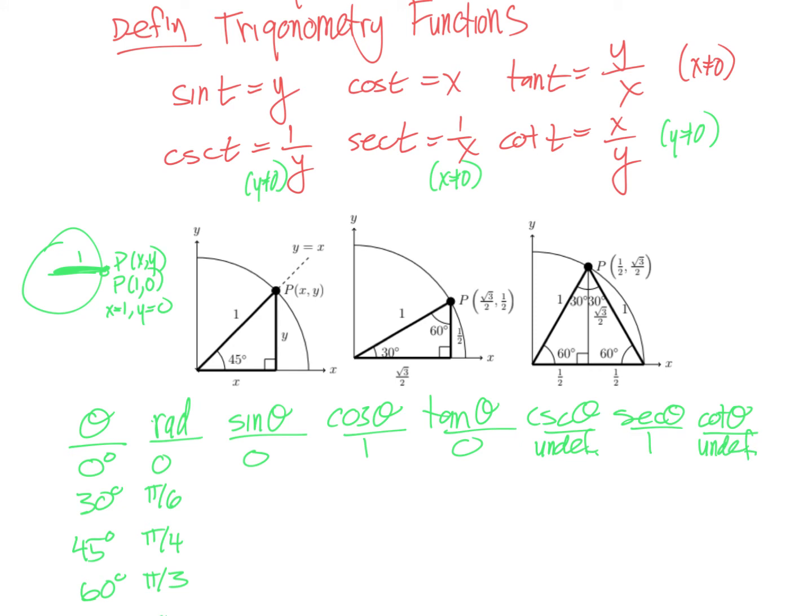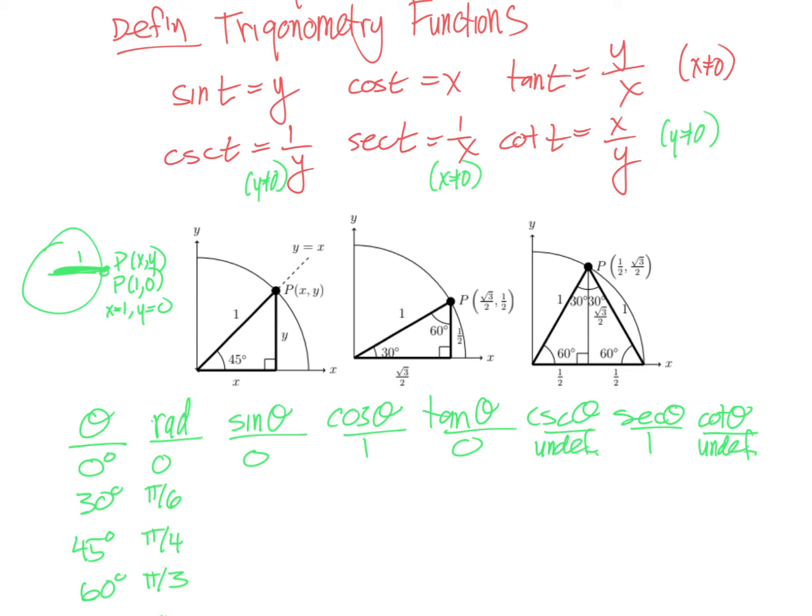At 30 degrees, when we have that, we can refer to this right here. So we're going to have a 30, 60, 90 triangle, and we can use this nice triangle right here.